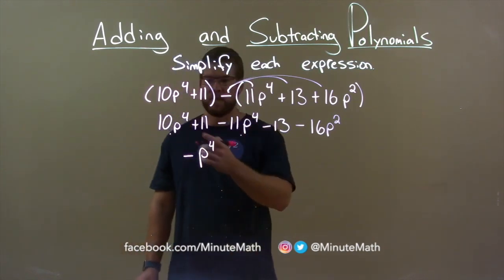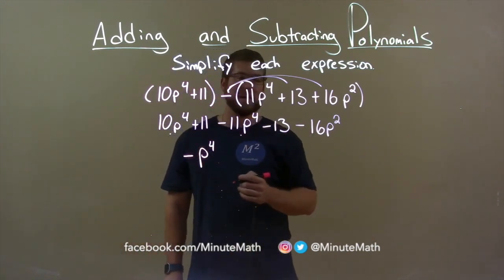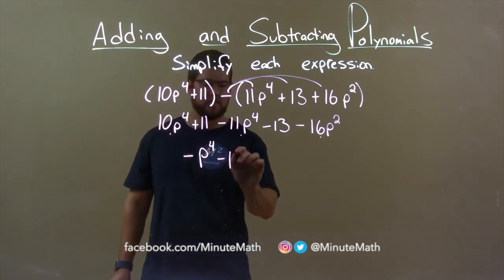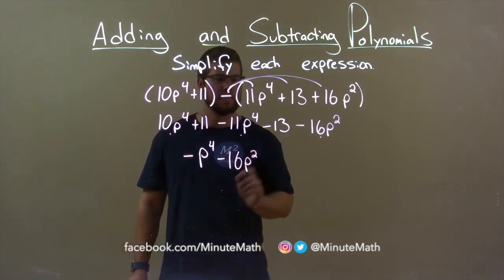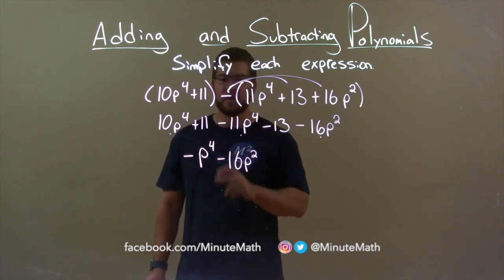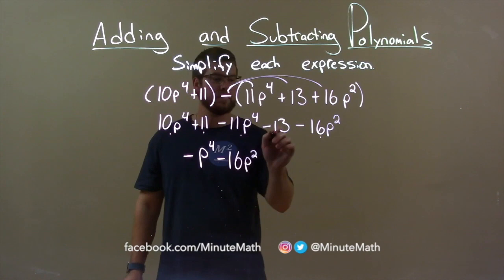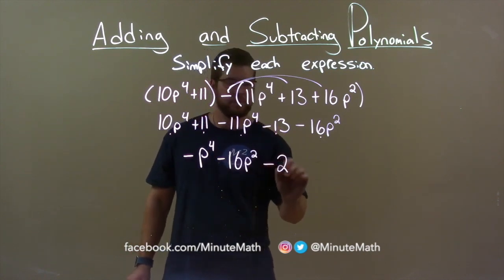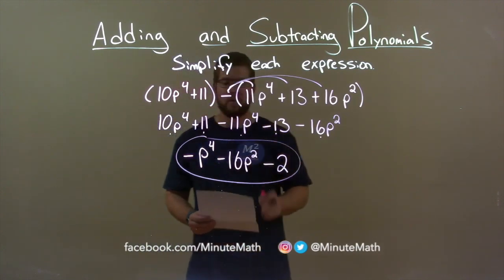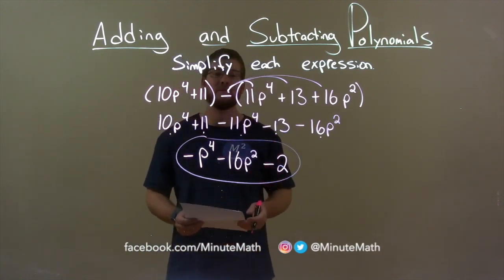Next highest degree that I see is just the p squared. So we bring down the minus 16p squared here. And now we're left with just our numbers, 11 and a minus 13. 11 minus 13 is a minus 2. And there we have it. Our final answer, minus p to the fourth power minus 16p squared minus 2.